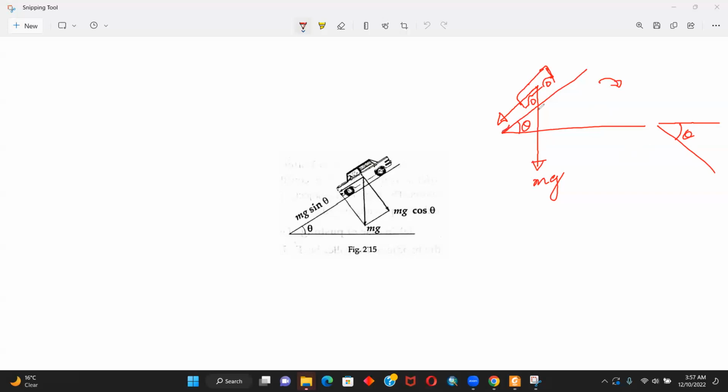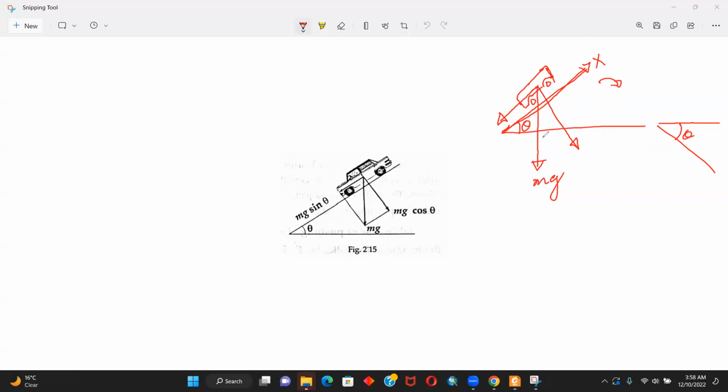Now consider this to be our x-axis for the time being, because this is the plane on which the car is moving. Now exactly perpendicular to that will be our y-axis. That is this one, right? Understand my point? Okay.